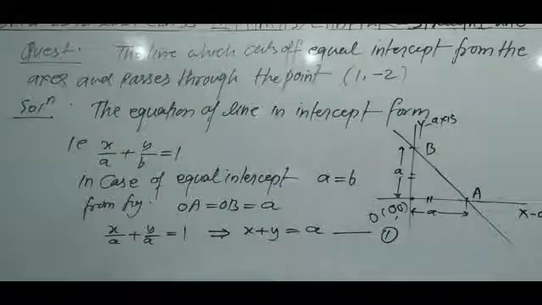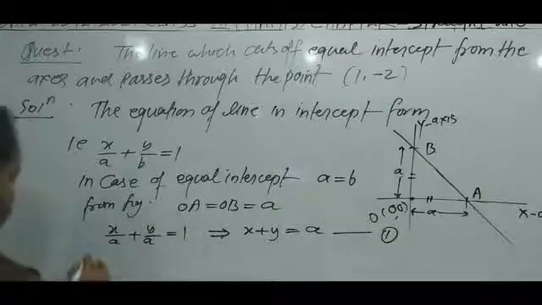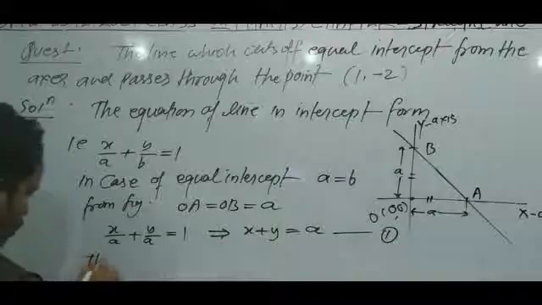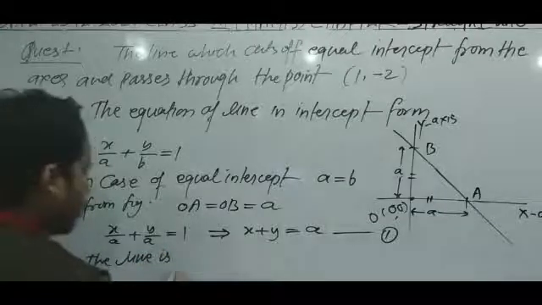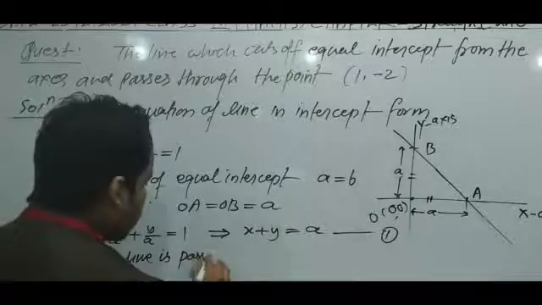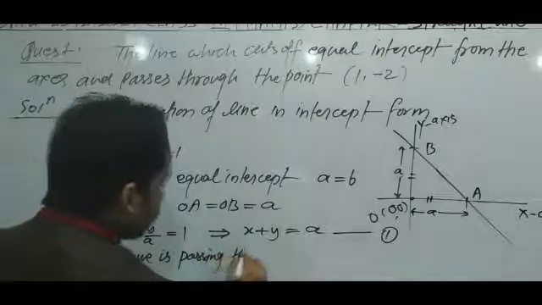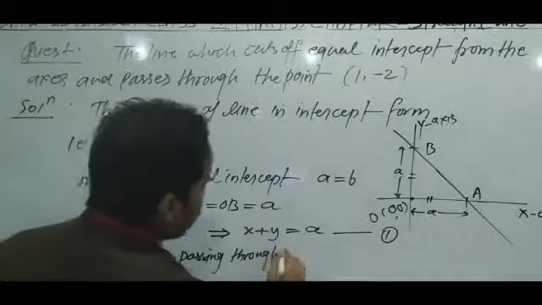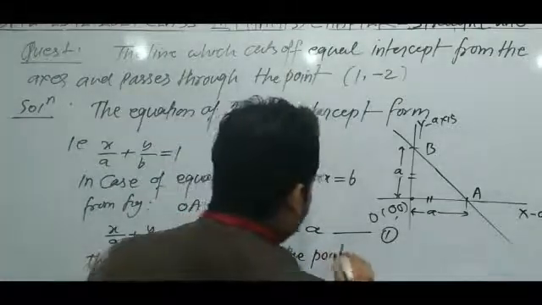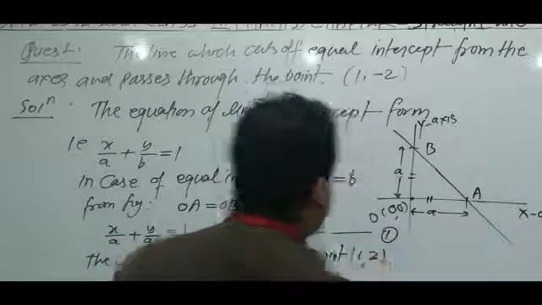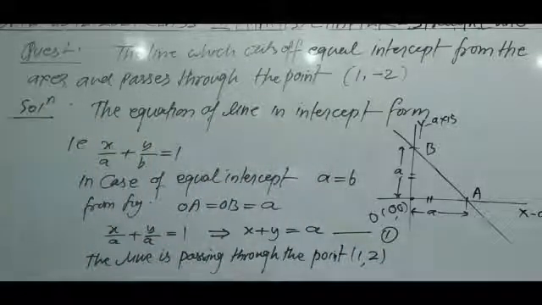Now this line is passing through the point (1, minus 2).